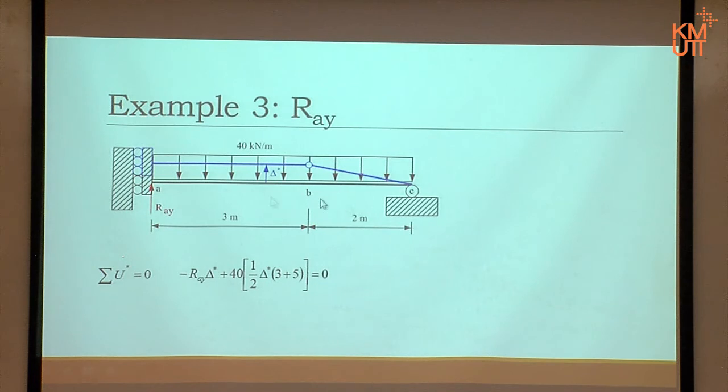There. Because that blue line here, the displacement shape here is a trapezoid. And because delta is the same delta already, then we can straight away take it out.